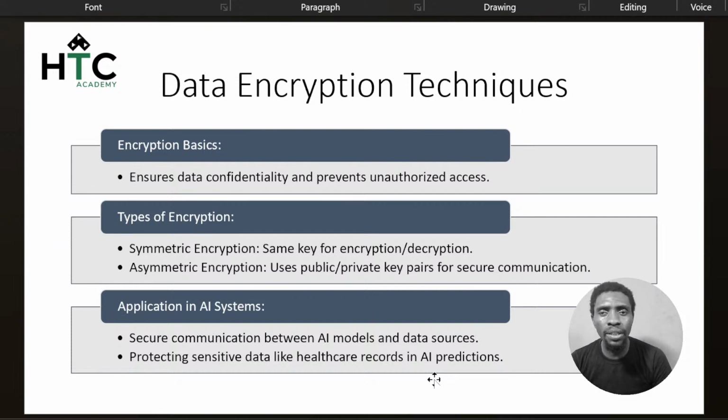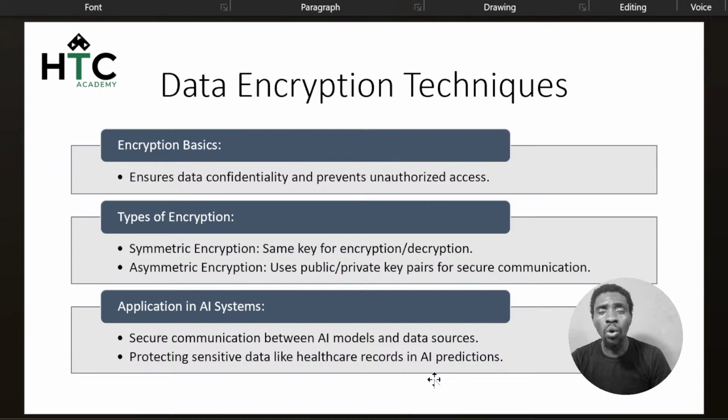What that invariably means is that if I want to send data to an AI actor who is developing an AI system, and I am using symmetric key encryption, I'm using the same key. So I will encrypt with that key, use a different channel to send the key to the AI actor, and transfer the encrypted data, which is in ciphertext, using a different channel.